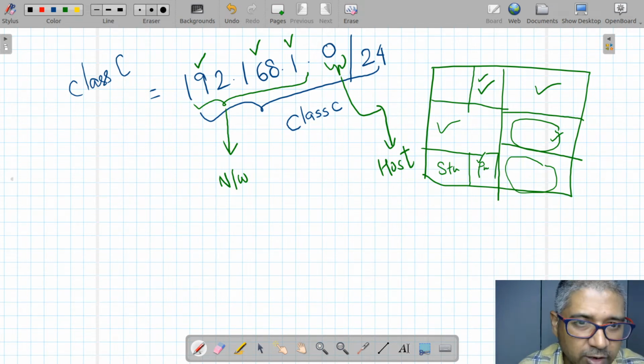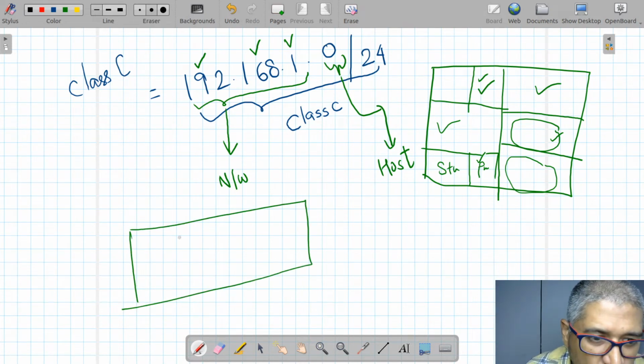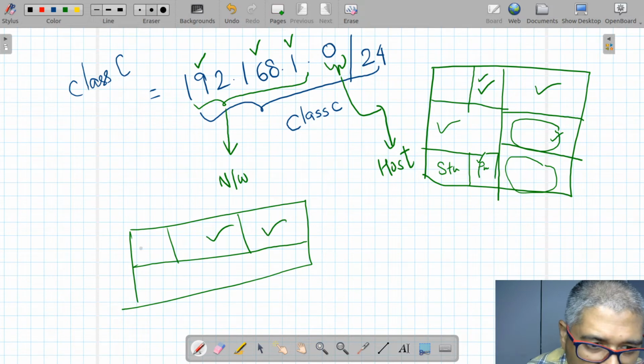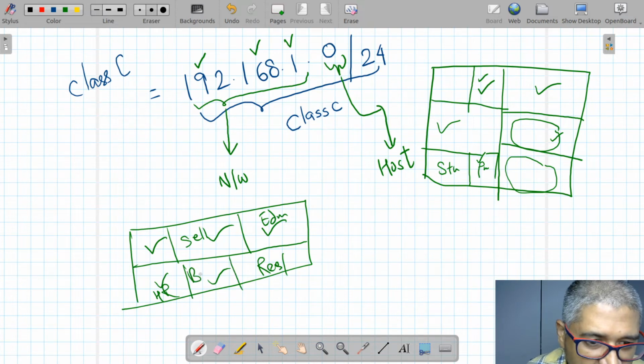In the same way in networking, you have a big network, and according to your utilization, you are going to break it into small or medium parts. What network do you need for your HR department, for your sales department? Suppose you have different departments: HR, sales, education, research and development, and a business unit.